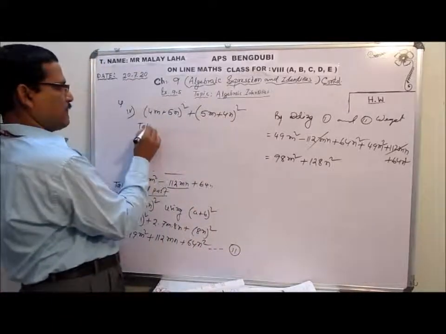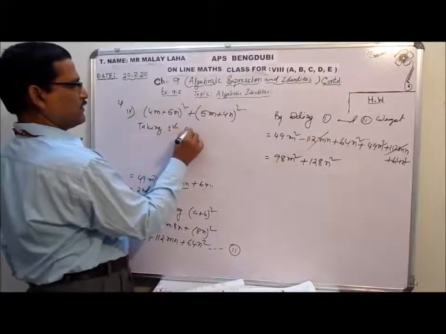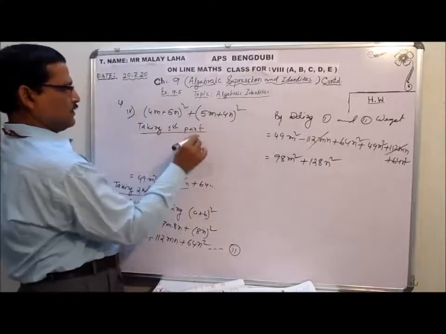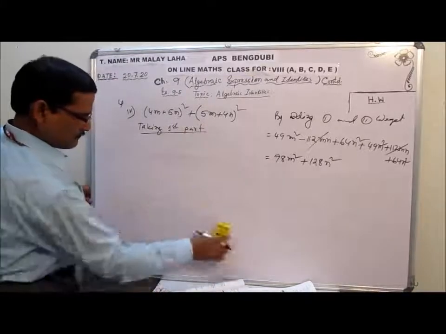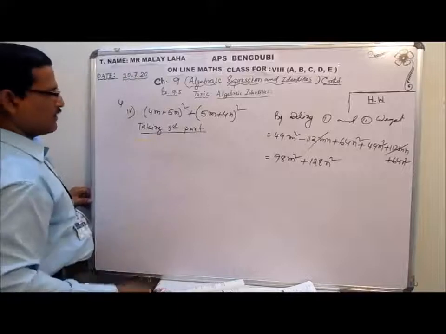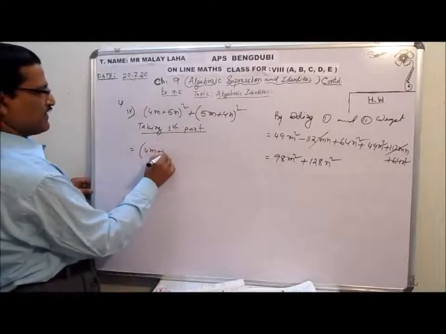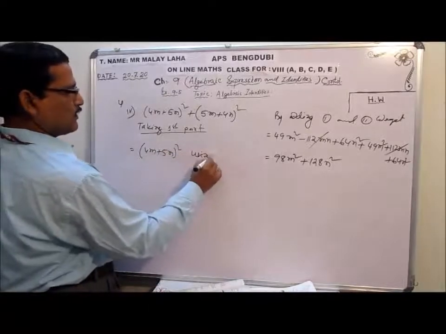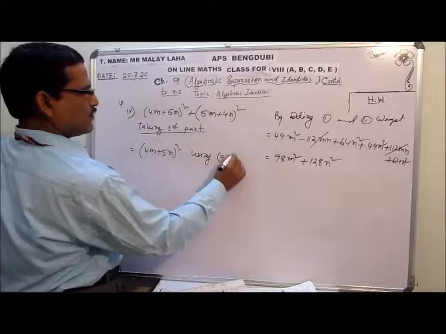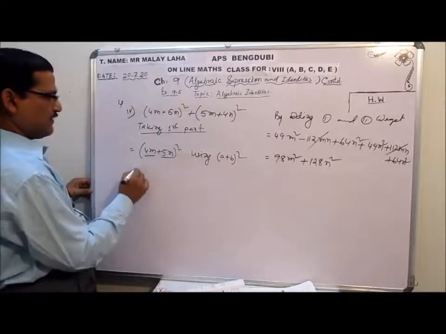Taking first part, 4m plus 5n whole square using a plus b whole square. Right? A is 4m, b is 5n.